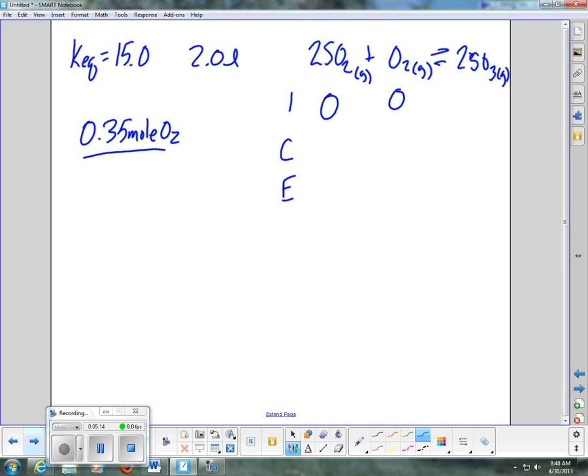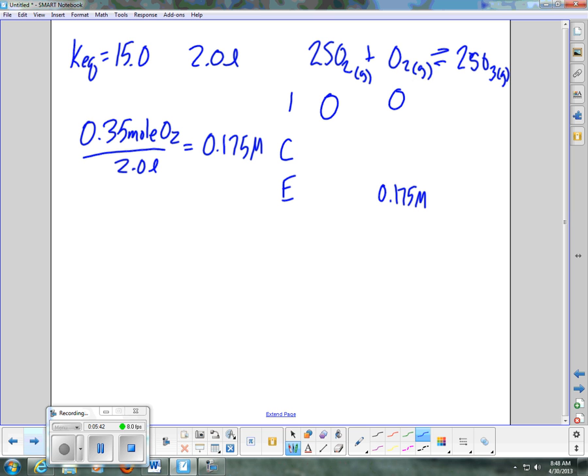So I'm going to divide that by 2.0 liters, and I get 0.175 molar. So under oxygen, I can put 0.175 molar, because it said at equilibrium, the vessel contained 0.35 moles of O2, and it was in 2 liters, so that's why I divided by 2.